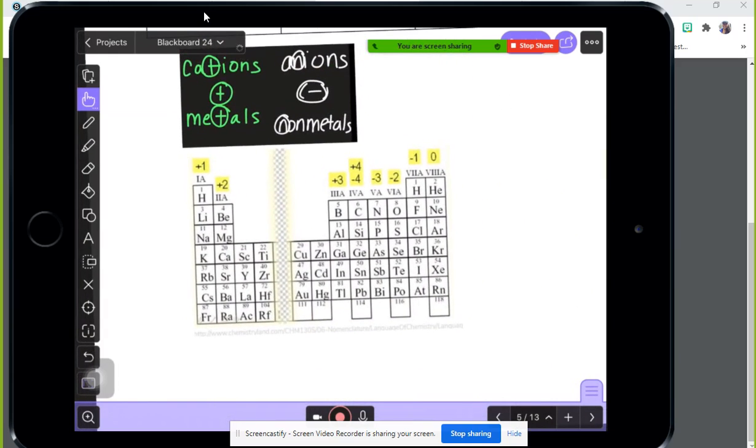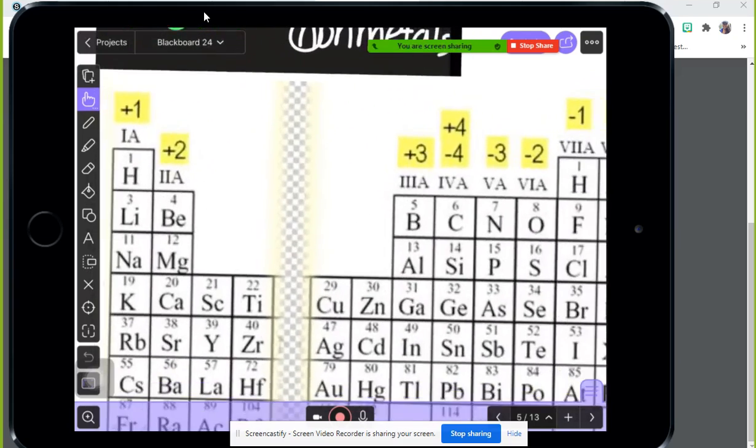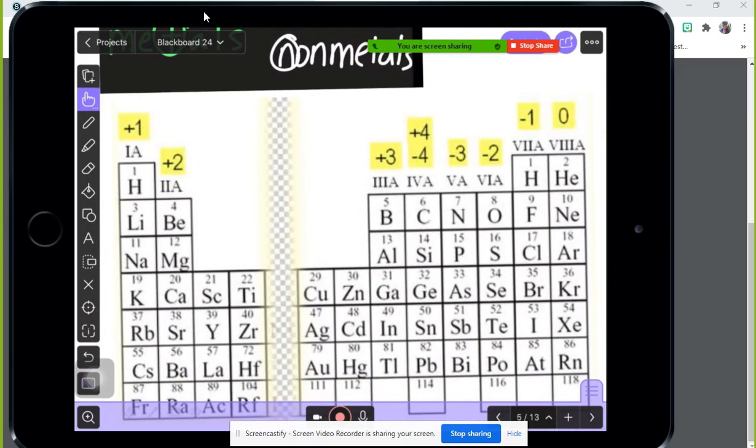You have this. So you have your charges that go with all of your different columns. So group 1 is a +1. Group 2 is a +2. Group 13 is +3. Group 14 is ±4. 15 -3, -2, -1, and then 0. All right. So you have those charges. You have this picture. Please use it to answer question number 2.